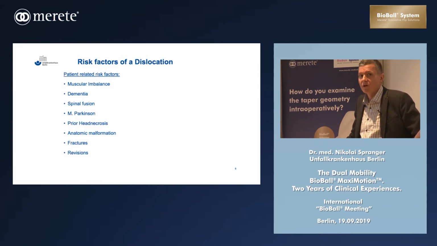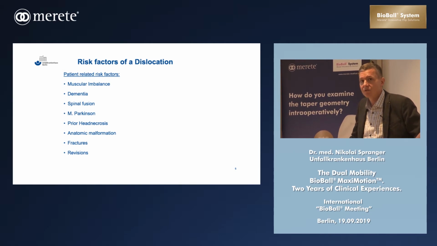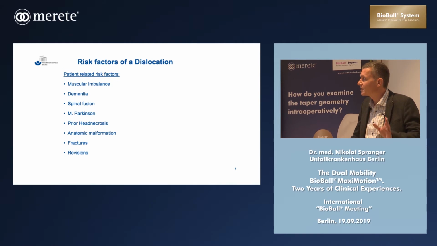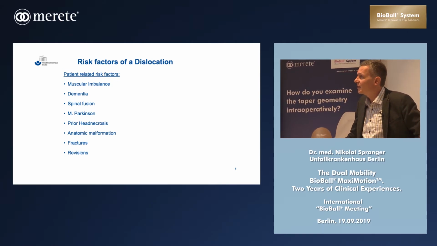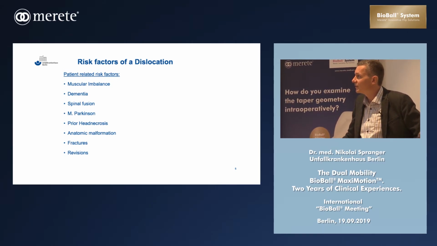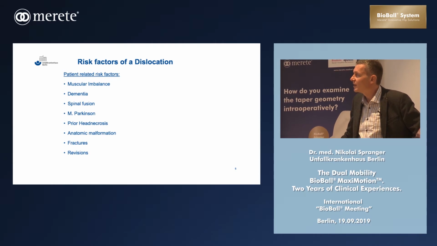And we have some more risks for dislocations. When you go into the literature, we have, of course, the muscular imbalance. We have to be sure that we implant the prosthesis in the right position. Therefore, we do planning beforehand. We have to be aware of the offset and all this, you know.